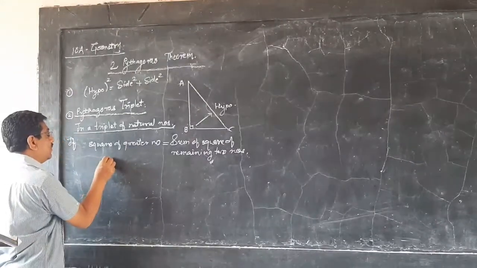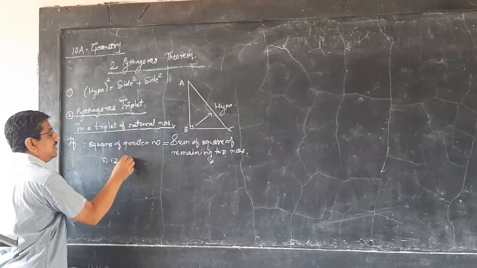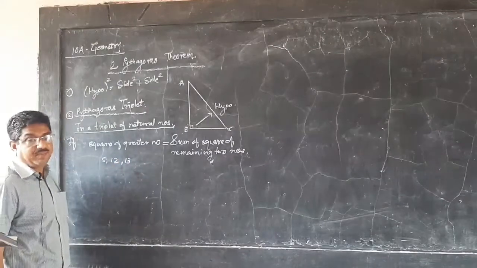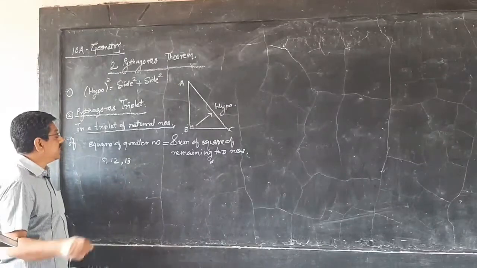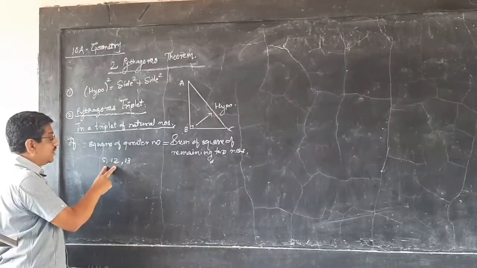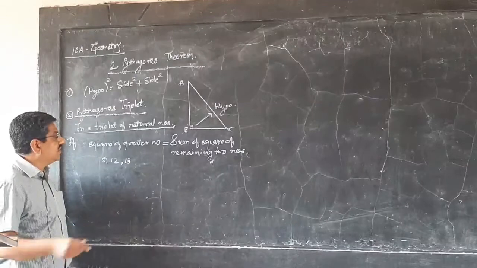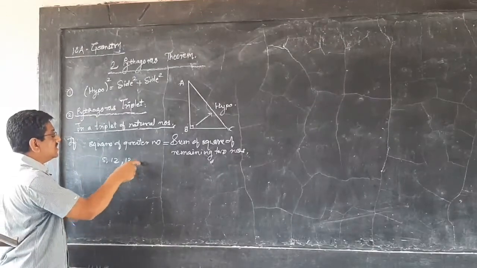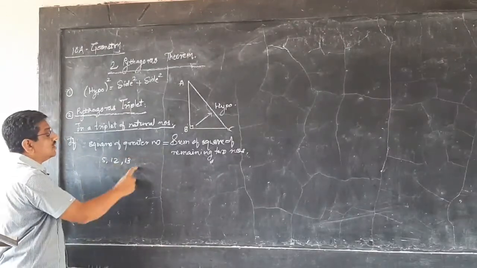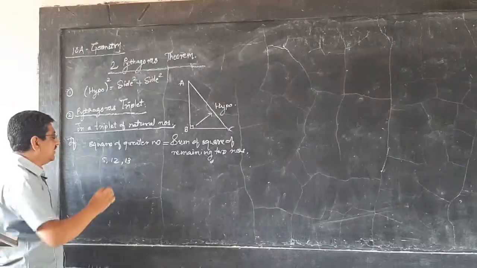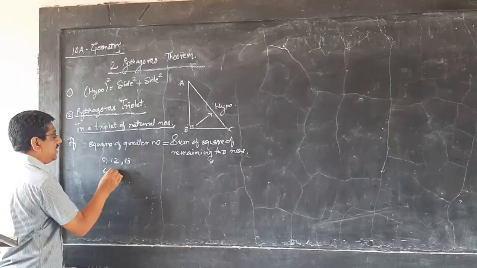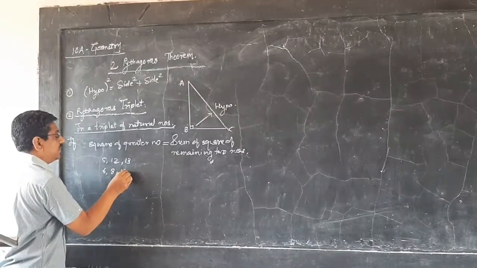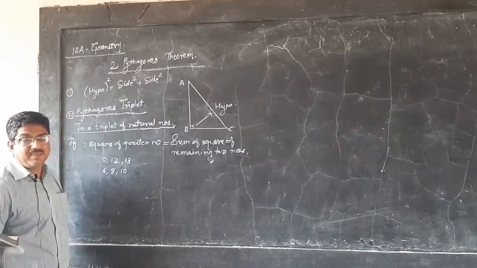Example: 5, 12, 13 is a Pythagoras triplet. Square of 13 is 169, and the sum of the squares of 5 and 12 is also 169. Then these numbers are called the Pythagoras triplet. Like this, there are many triplets that you can find, 6, 8, 10 is also one triplet.